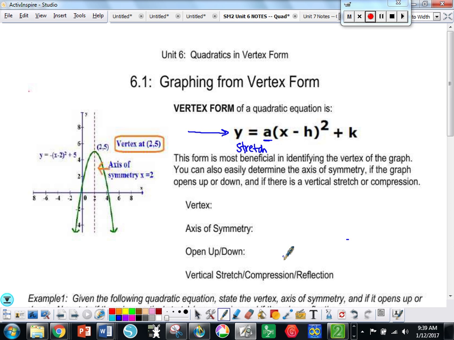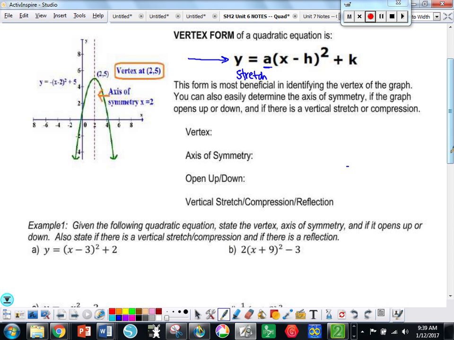Also, if A is negative, it opens down. If it's positive, it opens up. So the same rules as before.